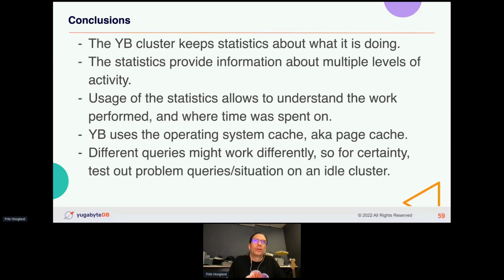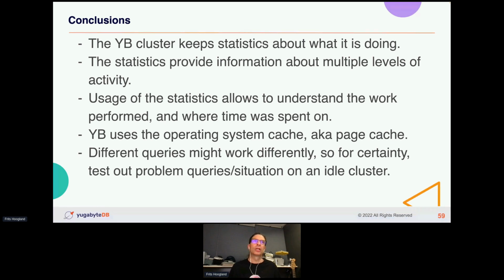The YB cluster keeps a lot of statistics about what it's doing, and YB-Stats is what takes advantage of these statistics. We provide these statistics with the web interfaces at 7000 and 9000, and if you're using our web interface, YugabyteDB Anywhere, then this is using exactly the same statistics.